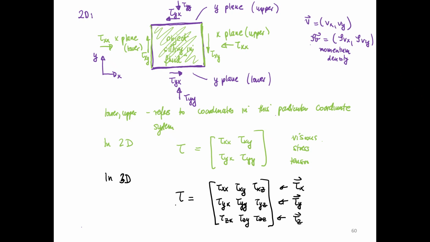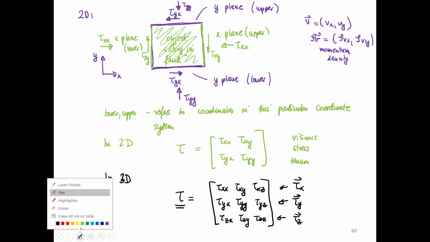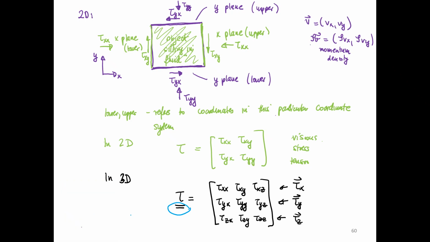Sometimes we use this to just denote tensor. Okay, so if you see this, this denotes tensor. And sometimes it's just dropped for speed of writing.